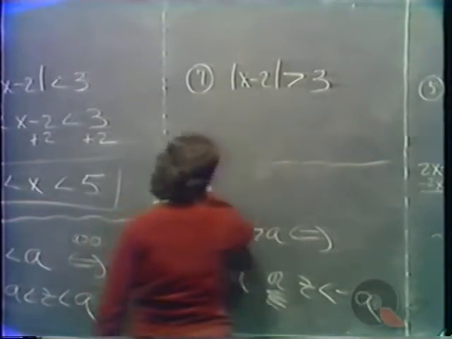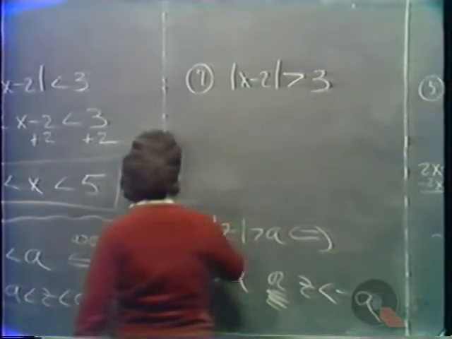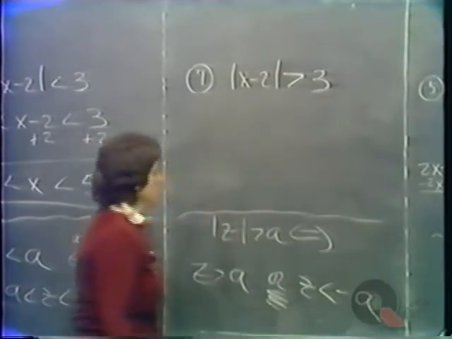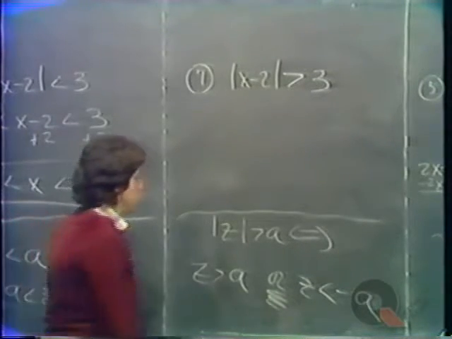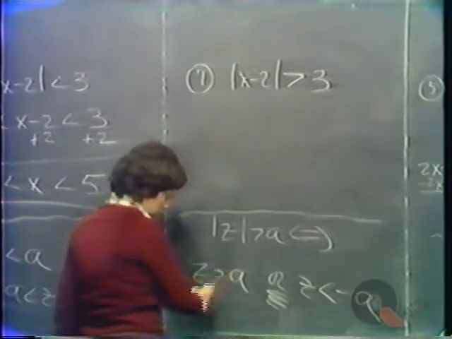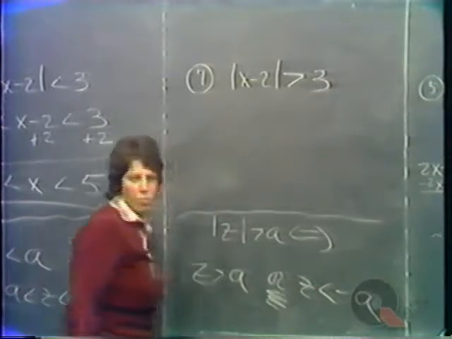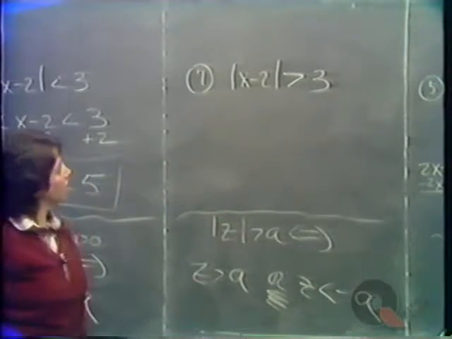Knowing that, let us work out this example here. We have it in the form the absolute value of z is greater than a. By the way, if this had been greater than or equal, then this would be a greater than or equal, and this would be a less than or equal. We would include the equality on all of them.